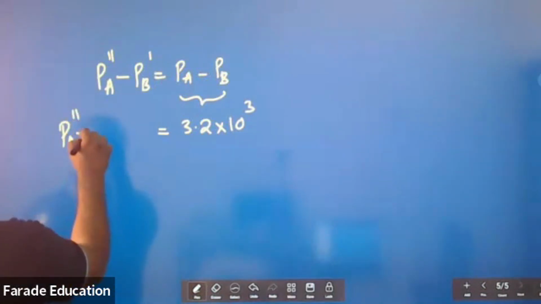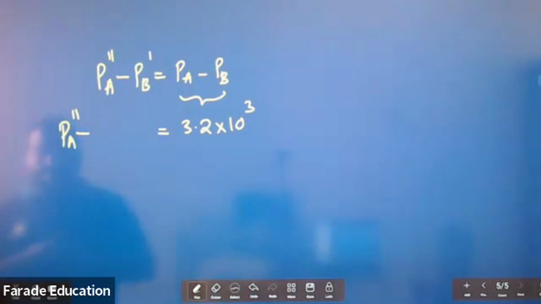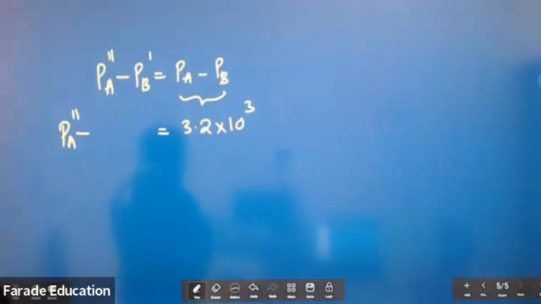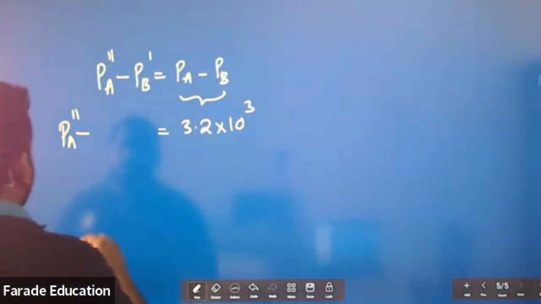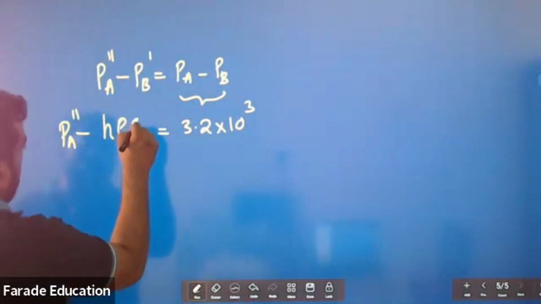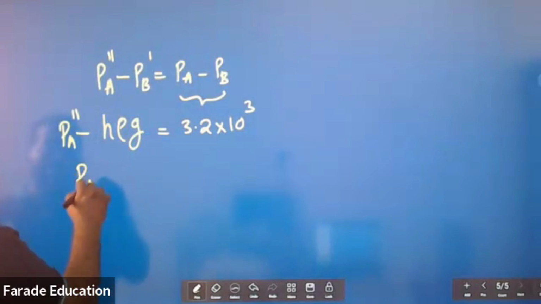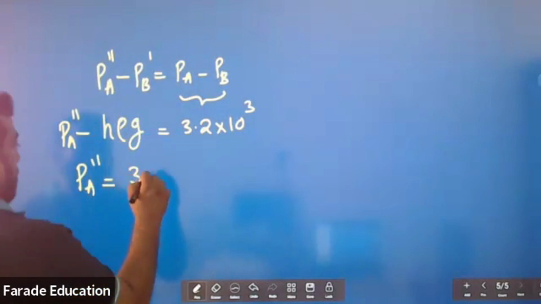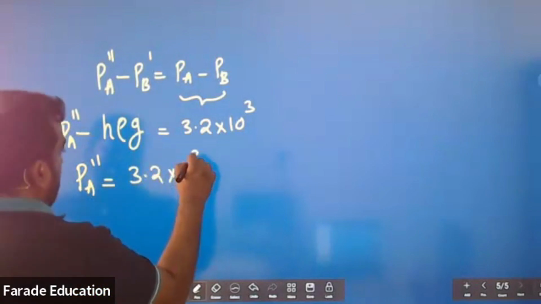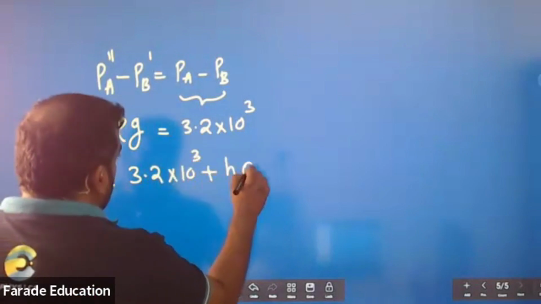PB dash is 100 millimeter mercury over atmospheric pressure, which is h rho g. PA double dash equals 3.2 times 10 to the power 3 plus h rho g.